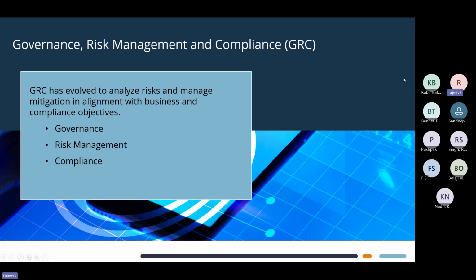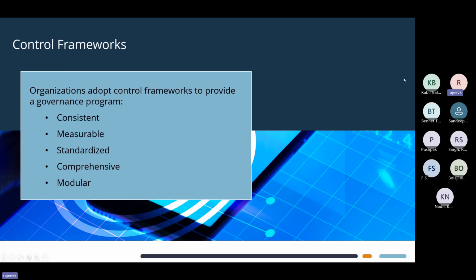So organizations adopt a control framework, which is going to provide you a governance program which is consistent, measurable, standardized, comprehensive, and modular. And at the lower level, to implement this governance program, you will be relying on what? The security controls.